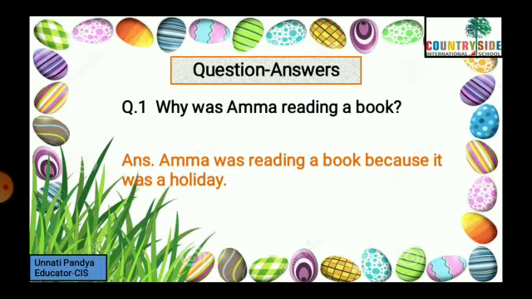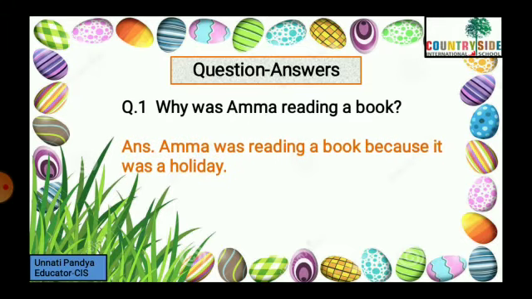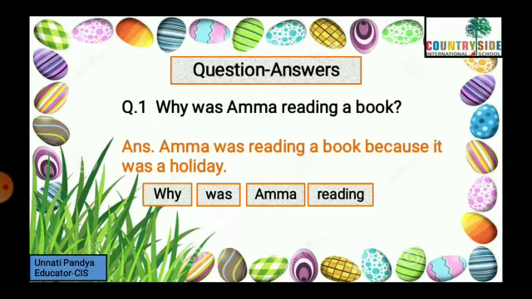The answer is Amma was reading a book because it was a holiday. Right? Very easy, isn't it? Now let us have a look at how we framed the answer. So for that, let us first break the question. Why was Amma reading a book? And then we put question mark.